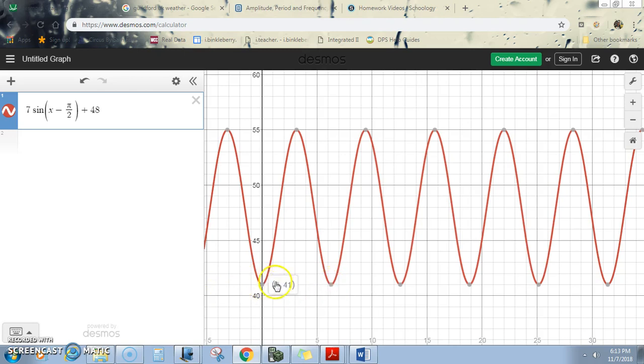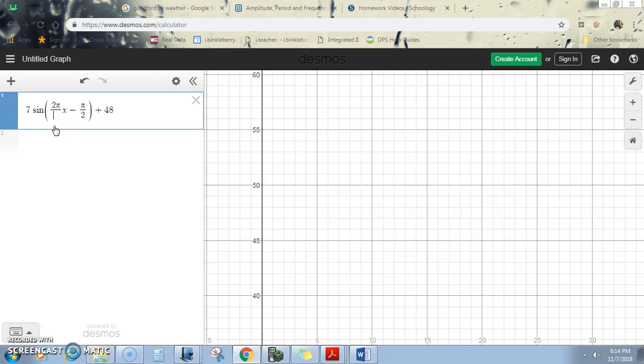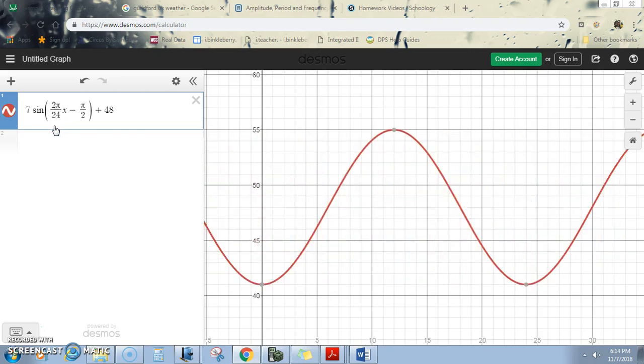So we just want to make sure we know that 2 pi is actually 24 hours. So in front of the x, this is where I'm going to do my conversion. In front of the x, I am just going to put 2 pi over 24, right? In one rotation, 2 pi, we are going 24 hours.